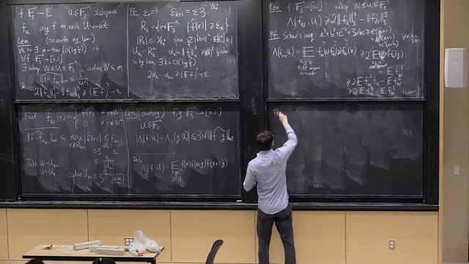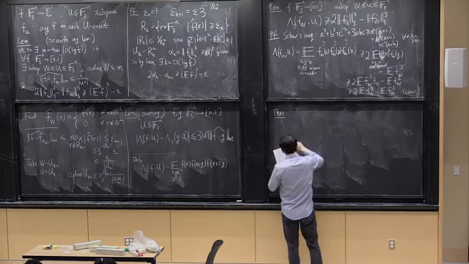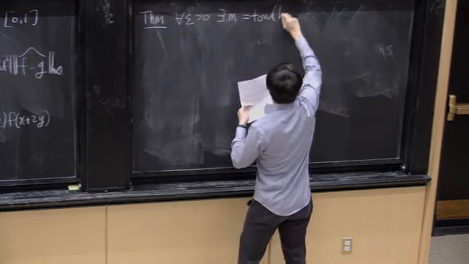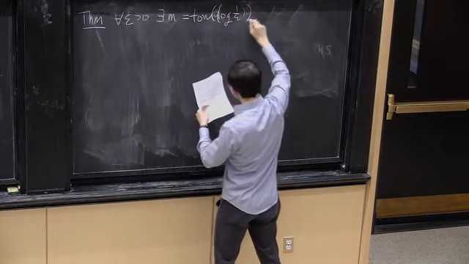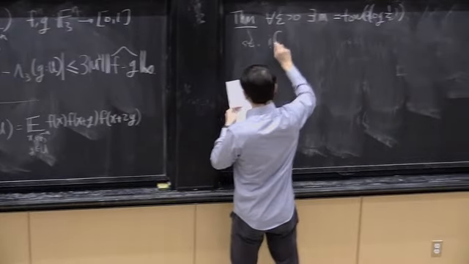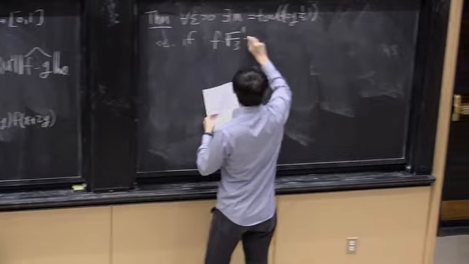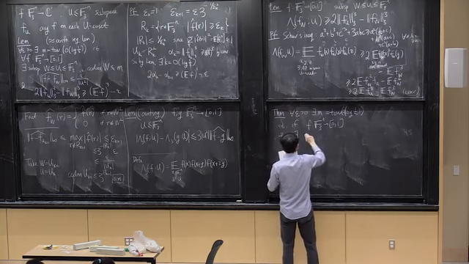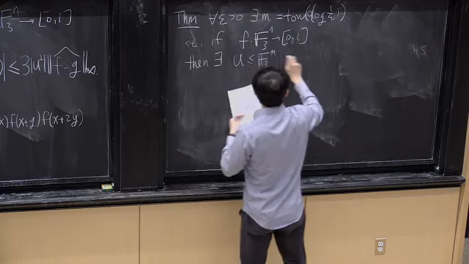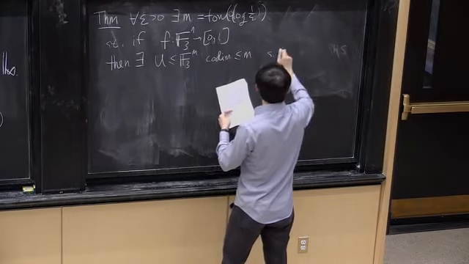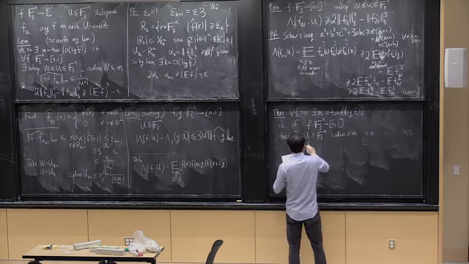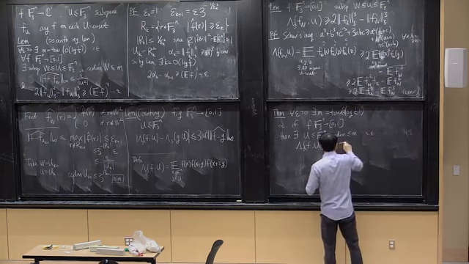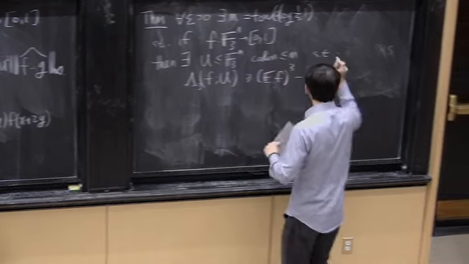So from that lemma up there, I claim now that for every epsilon, there exists some m, which is power log in 1 over epsilon, such that if f is a function from F3 to the n, taking values between 0 and 1, then there exists a subspace U of codimension at most m, such that the 3AP density with common difference restricted to U is at least the random bound minus epsilon.